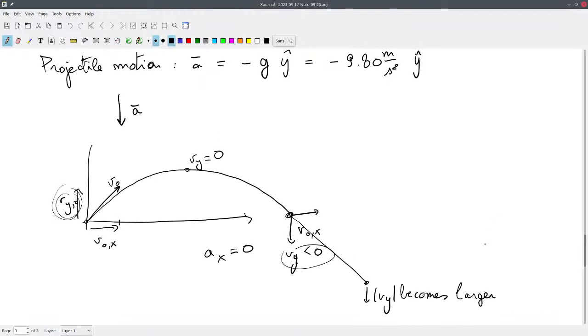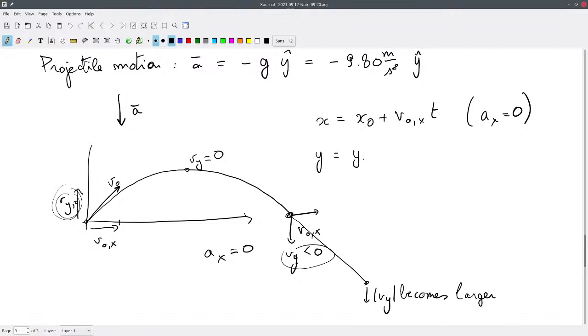So now the formulas are, of course, easy to write down. So the x direction, it will be just x0 plus v0x times the time, because ax is equal to 0, so we don't have to write the term in t squared.